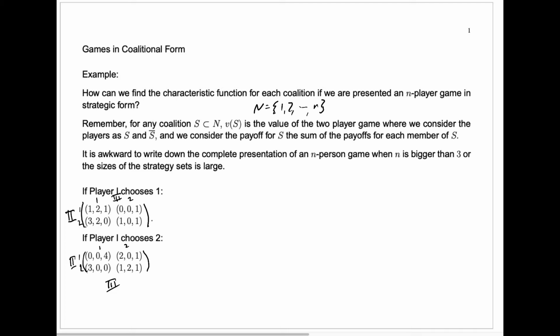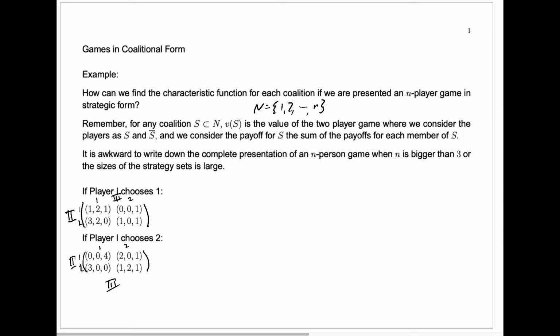Here we have the matrix that represents the payouts for each possible choice for players 2 and 3. Remember, this is all given that player 1 chose 1. And here we have a 2x2 matrix whose entries, again, are triples. They tell the payout to players 1, 2, and 3 in each entry. And then we separately can list the payouts if player 1 chooses choice 2.